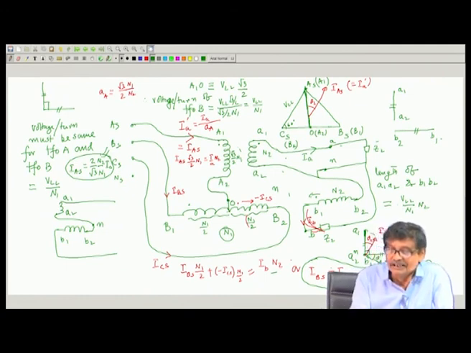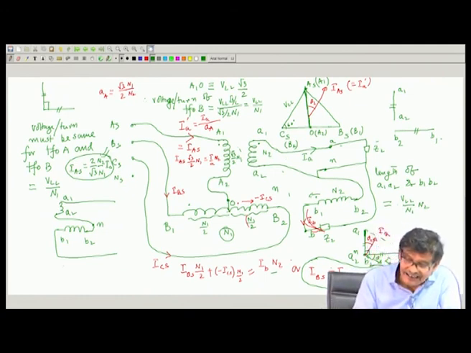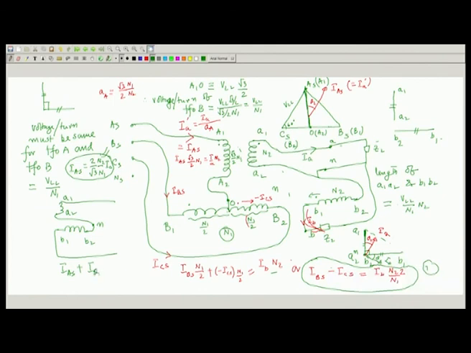Third equation is, it is a 3 phase system, IAS plus IBS plus ICS must vanish to 0, or the other equation is IBS plus ICS is equal to minus IAS. Right hand side is known, IAS has already been obtained. I will put it here, then I have 2 equations, I will just simply solve them.